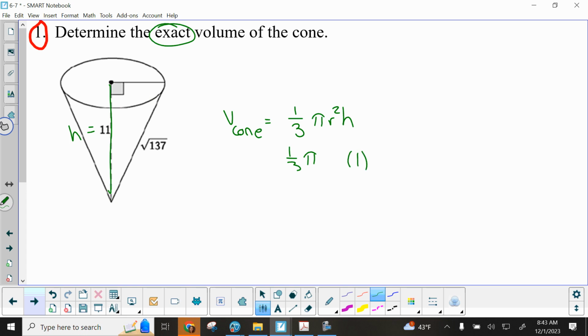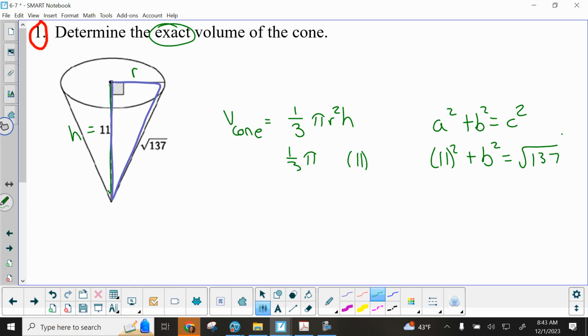But what I don't have is the radius. That's right here. But we should notice this right triangle. So we can use the Pythagorean theorem to find our missing leg, which is the radius. So we have 11 squared plus, I don't know the radius side, that leg, b squared, equals radical 137 squared.